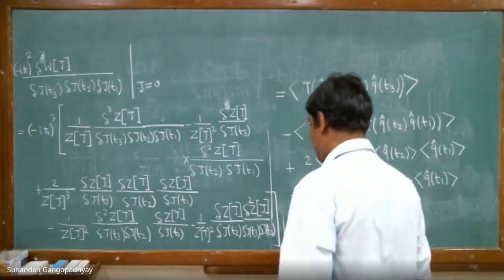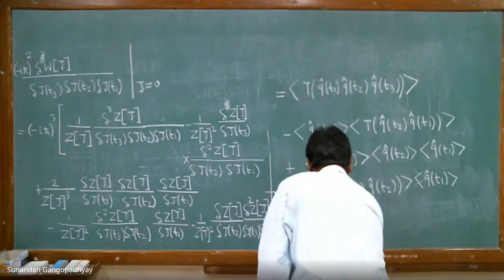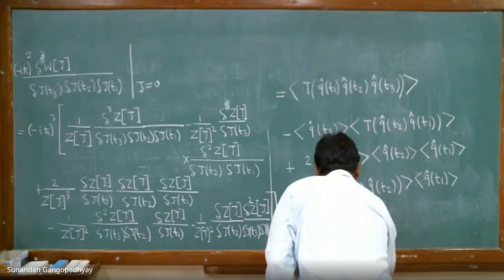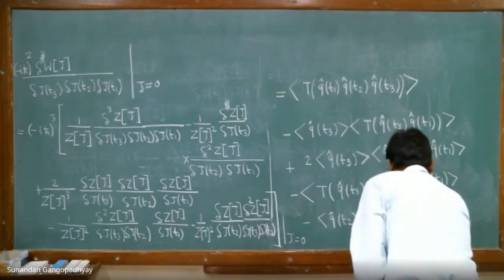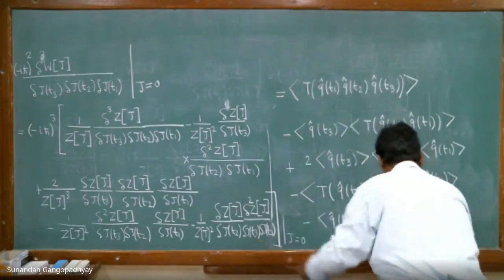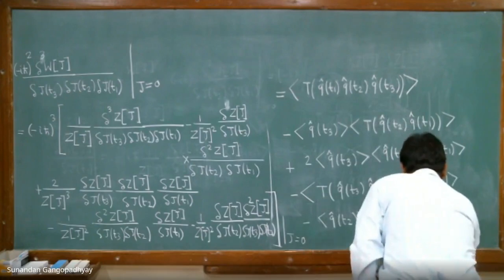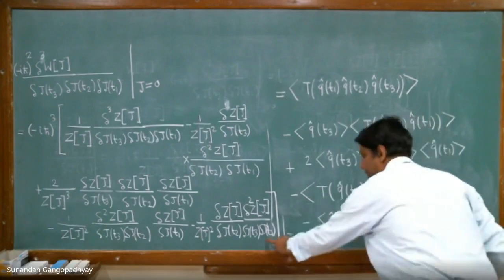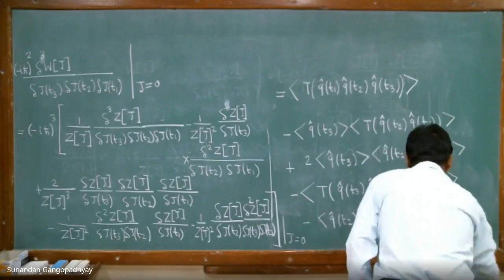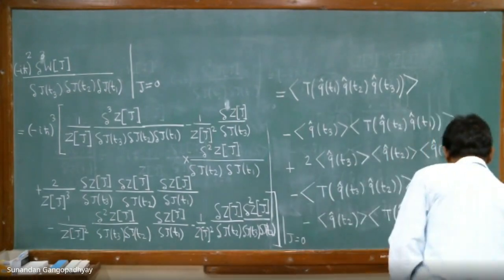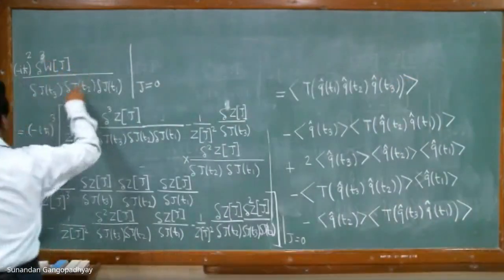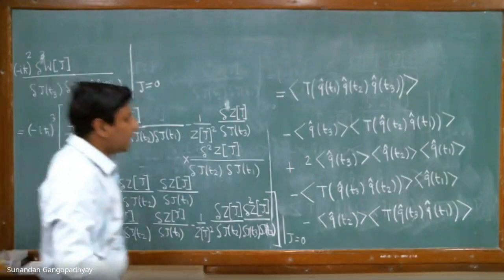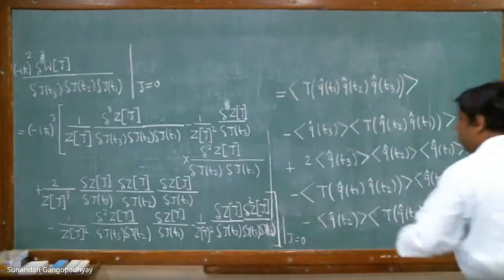So this is a minus. This term will be q hat T2 expectation, and then you have the time ordered product of q hat at T3, q hat at T1. So everything is complete. So this expression that you have evaluated at j equal to 0 is basically equal to this.